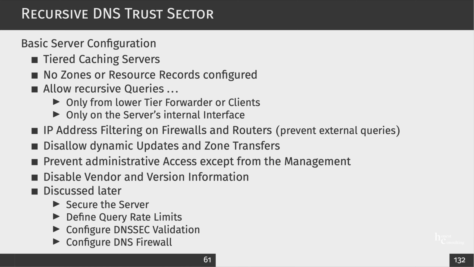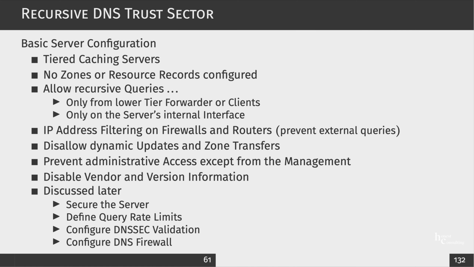The next topic, disallow dynamic updates and zone transfers, is something that sounds obvious because we don't have any zones and records, so typically we don't have dynamic updates or zone transfers. But it really makes sense to configure this specifically to disable dynamic updates and to disable zone transfers completely, because if this is not available, it can't be used by somebody else.